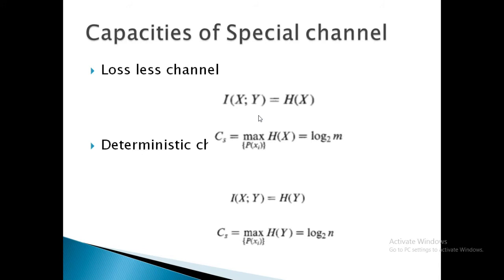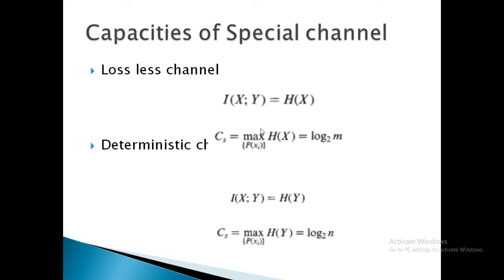Lossless channel. Here, if the mutual information is equal to the input entropy, then the channel is called a lossless channel. Here, the channel capacity is C of S equal to the maximum of entropy, which is log base 2 of n.